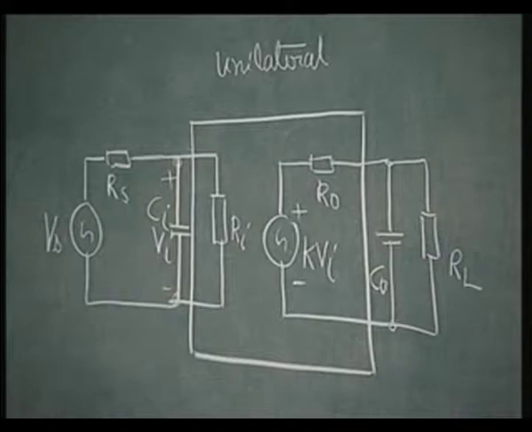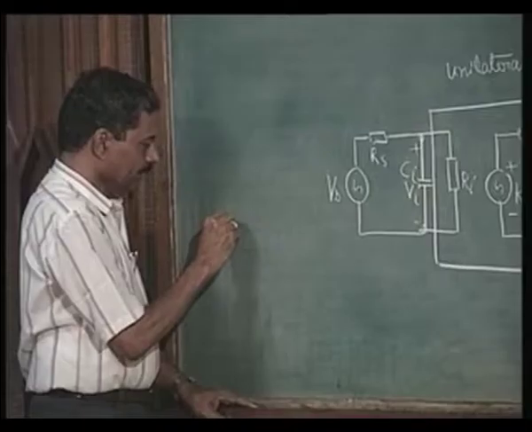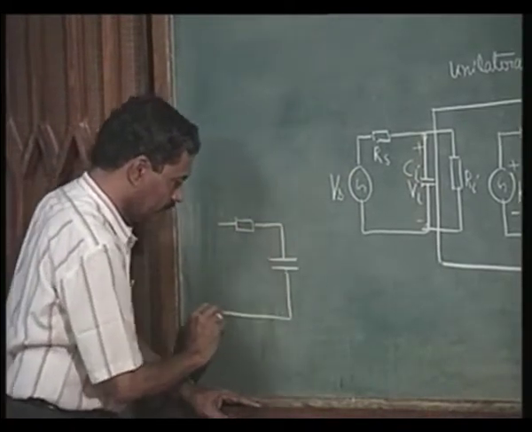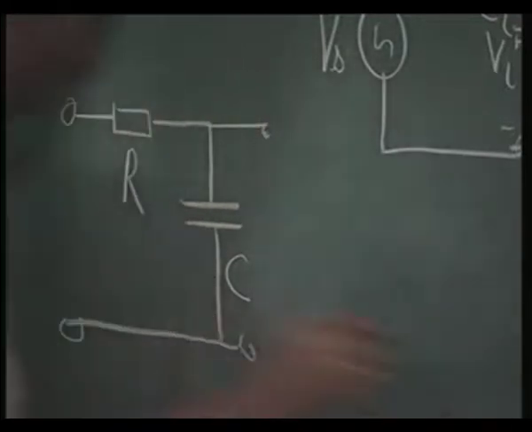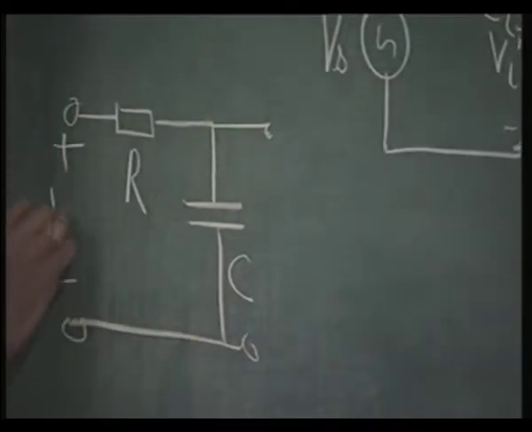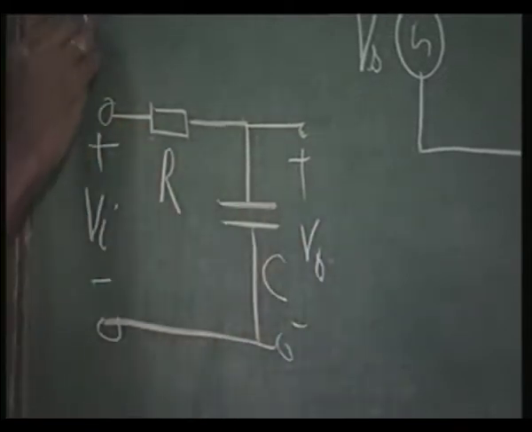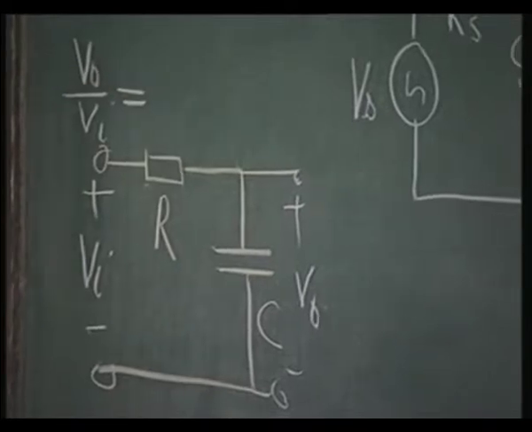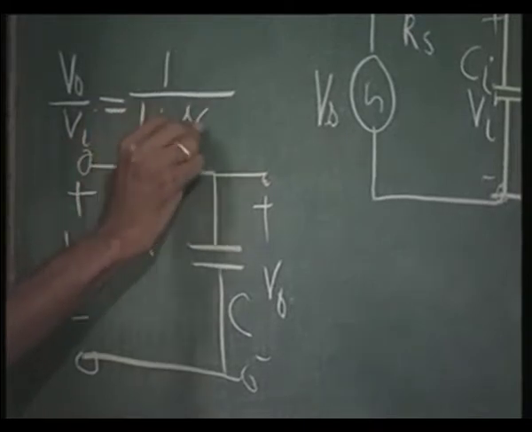This we can easily say that when we have a network like this, R and C, if this is Vi and this is V naught, for this network V naught over Vi is going to be equal to 1 by 1 plus SCR.